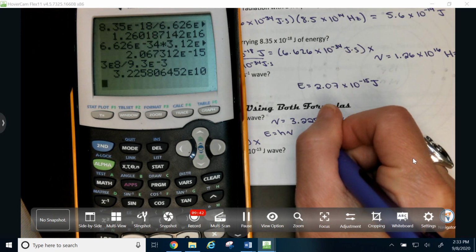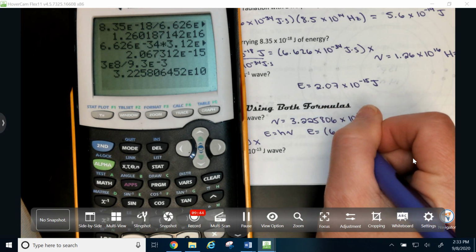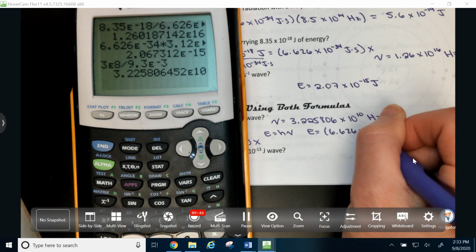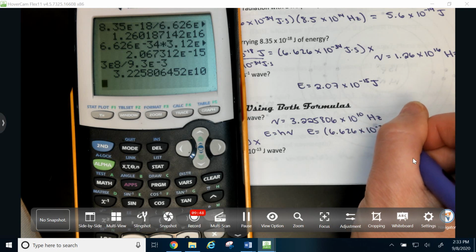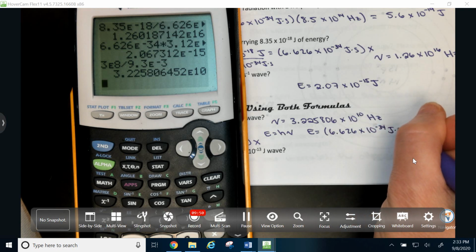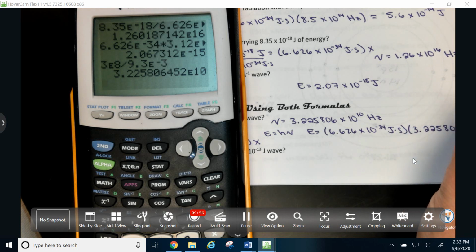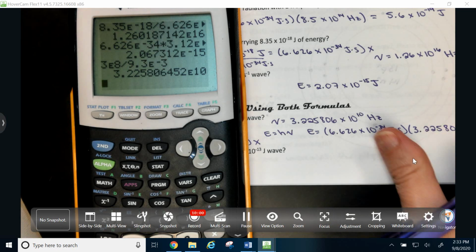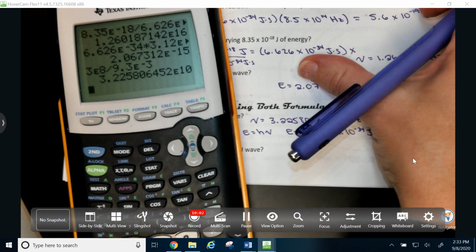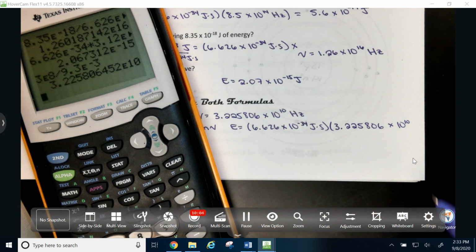So we know that energy is equal to Planck's constant, 6.626 times 10 to the negative 34 joules times seconds, times our frequency, 3.225806 times 10 to the 10 hertz.